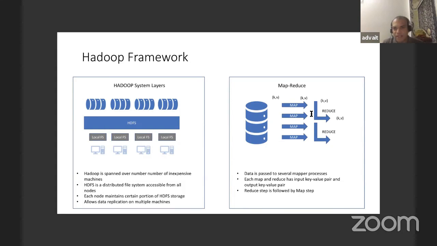Map takes a key value pair as input and outputs a key value pair. It takes a key and value, transforms the value, and outputs another value with a different key. Similarly, reduce takes several key value pairs as input, computes some summary, and outputs another key and value.